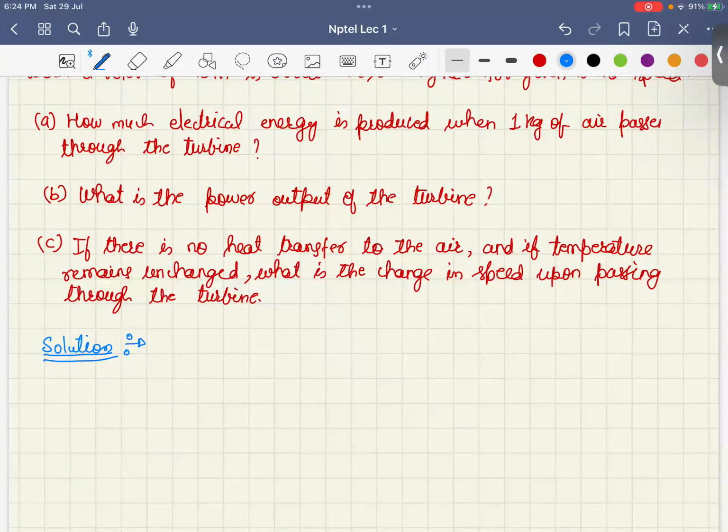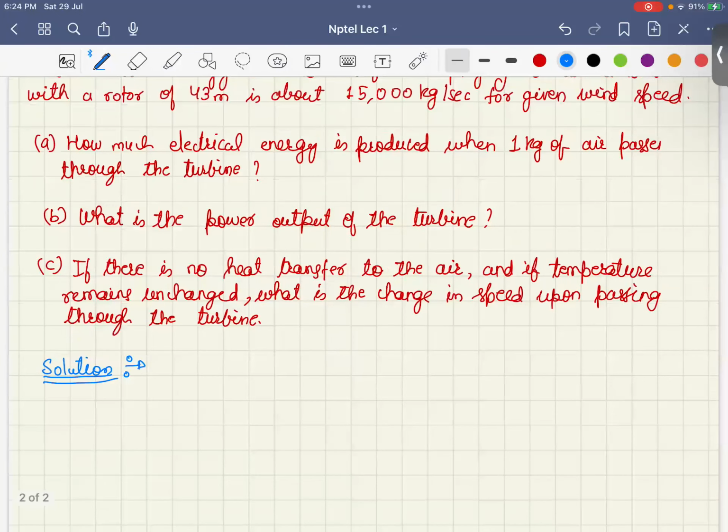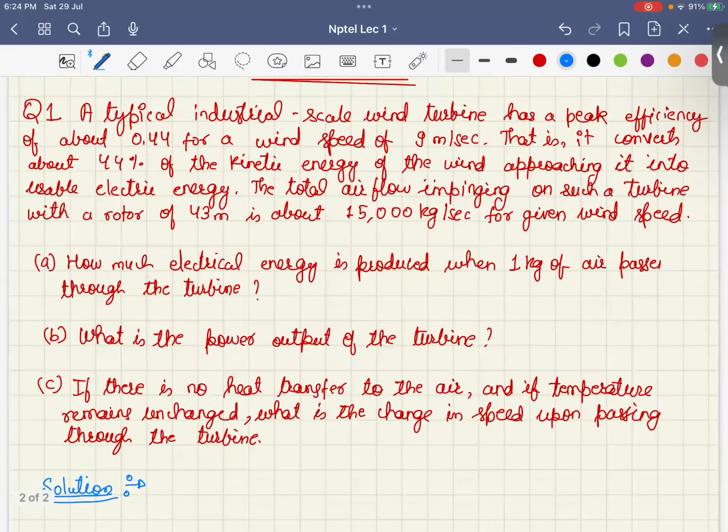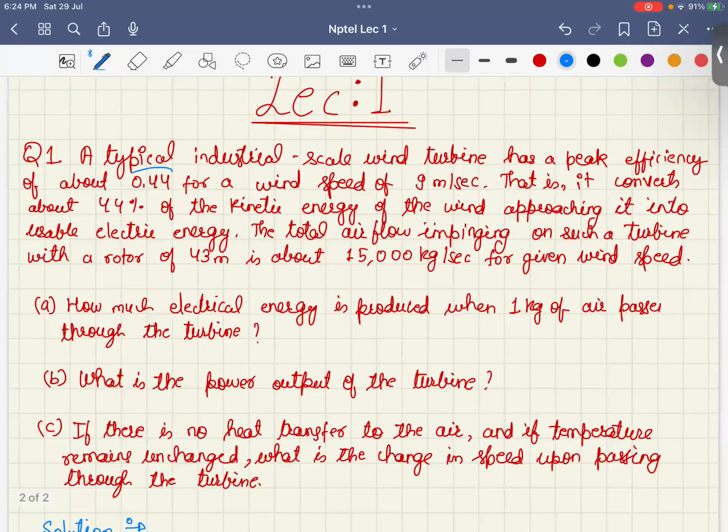Let us read the questions. A typical industrial wind turbine has a peak efficiency of 0.44 for a wind of speed 9 meter per second, and it converts 44% of the kinetic energy of the wind approaching it into usable electric energy. The conversion is from kinetic energy to electric energy.